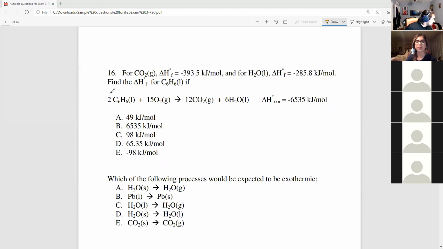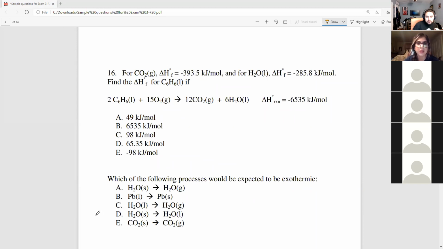Okay, so number 16. For carbon dioxide gas, the enthalpy of formation is negative 393.5 kilojoules per mole, and for water, it is negative 285.8 kilojoules per mole.